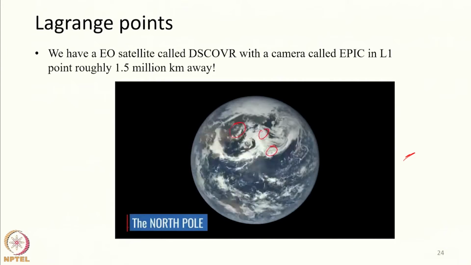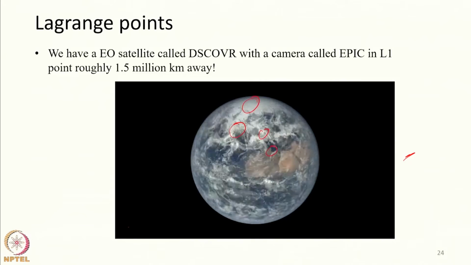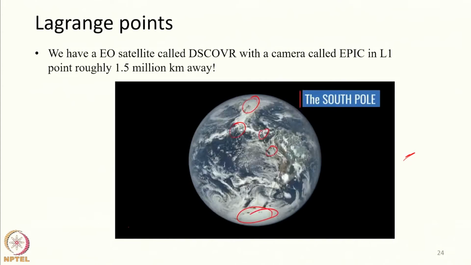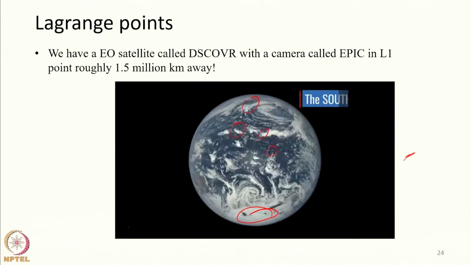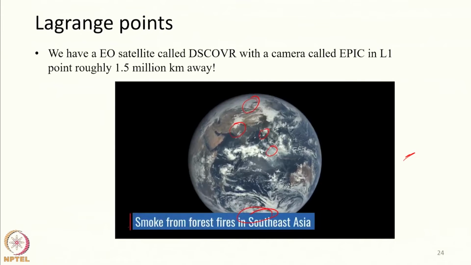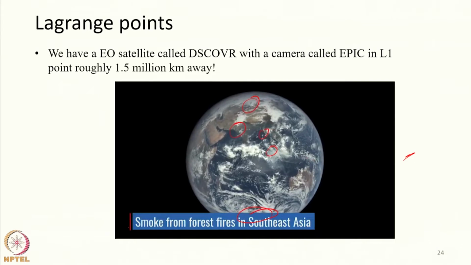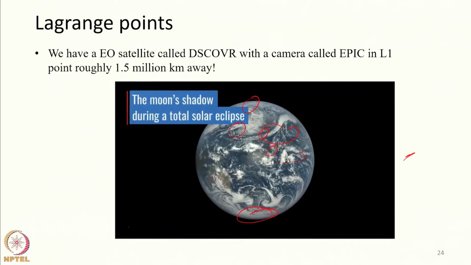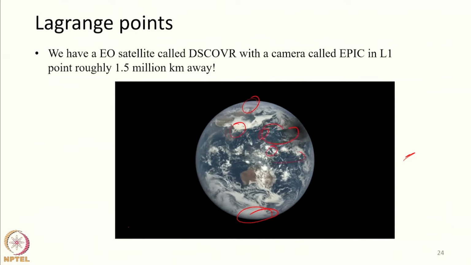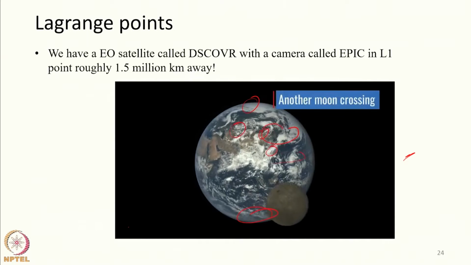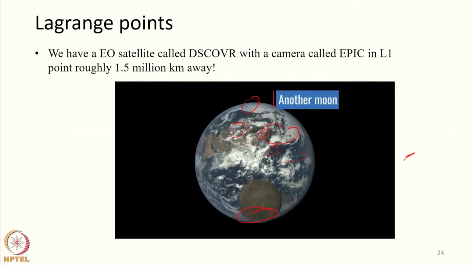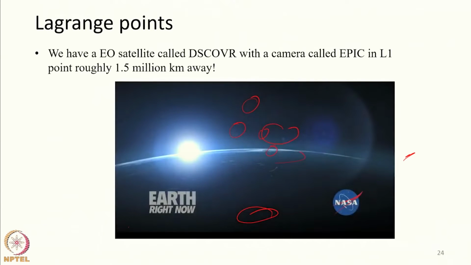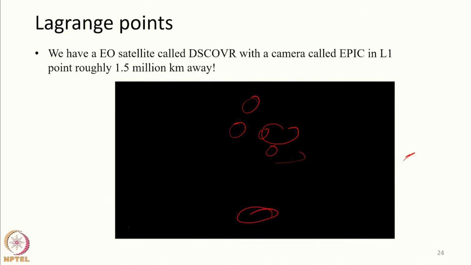Here is the North Pole, and this is the South Pole. This is smoke travelling, this is the moon shadow, and this is another moon crossing. Basically, this is an example to show the application of observations from the L1 point.